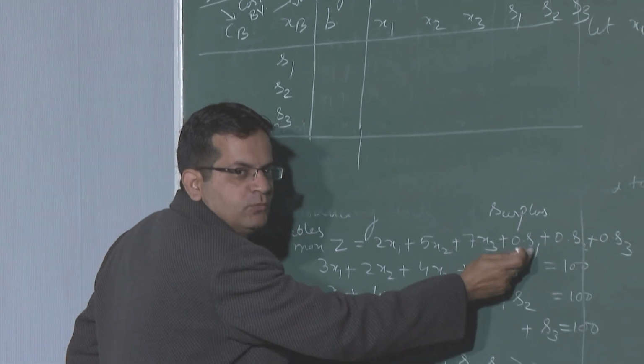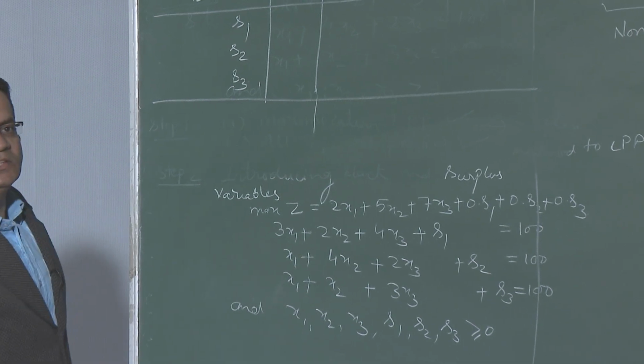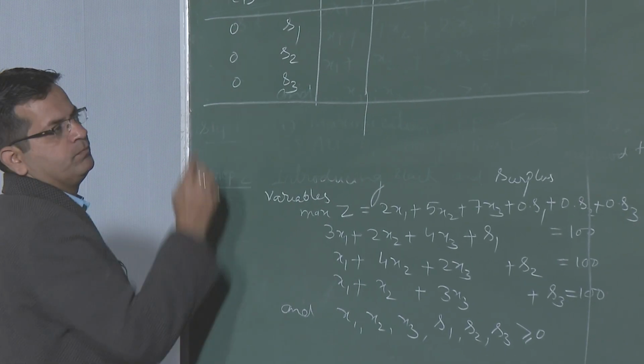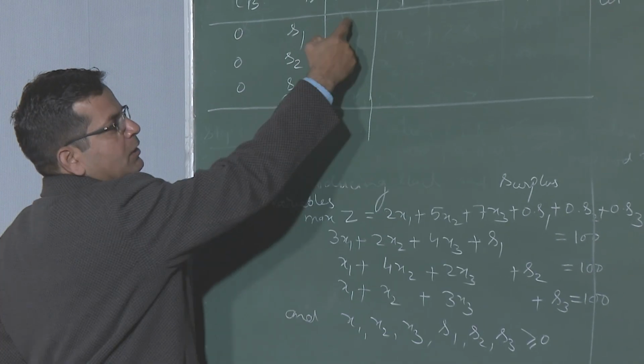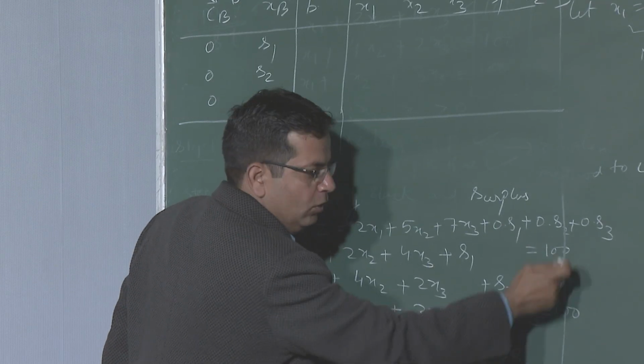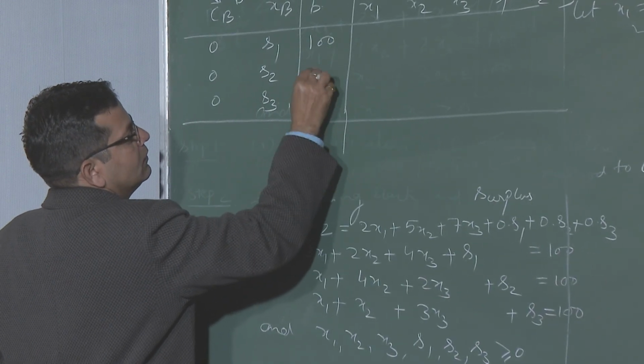The coefficient of S1 is 0, the coefficient of S2 is 0 and the coefficient of S3 is 0, so we put 0, 0, 0. B means the right hand side part, which is 100, 100, 100. So B will be the values of the basic variables.